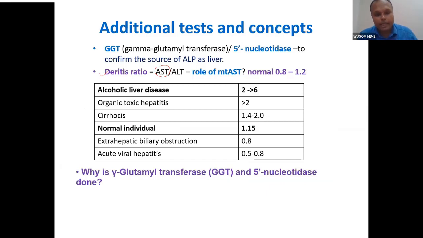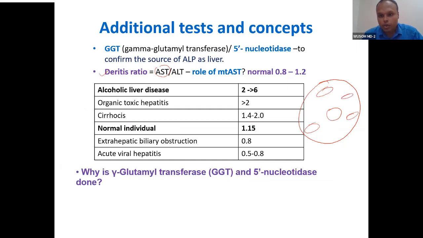So what will happen in chronic condition? You have a hepatocyte, and in the hepatocyte you have a nucleus and many mitochondria. In acute condition, the AST that comes from the cell is only the AST of cytosol.